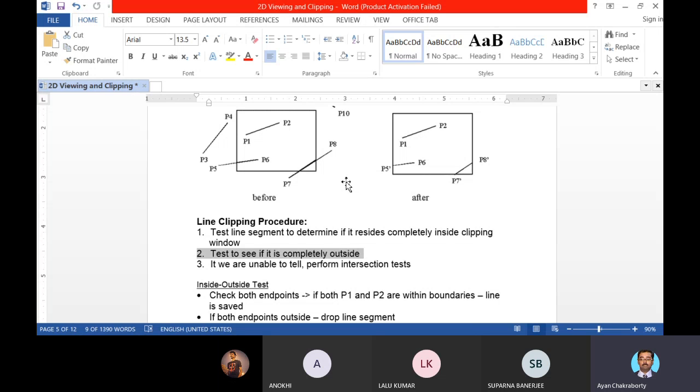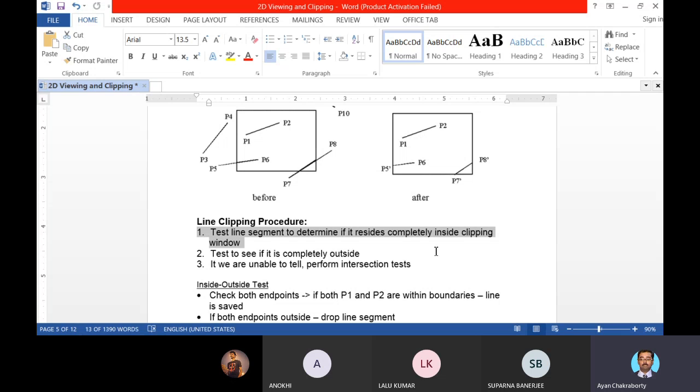According to the endpoint coordinates, we are going to check this. So the first point, according to the line clipping procedure, as you can see in the notes, is to test the line segment to determine if it resides completely inside the clipping window or not. That is for the case of line P1, P2.